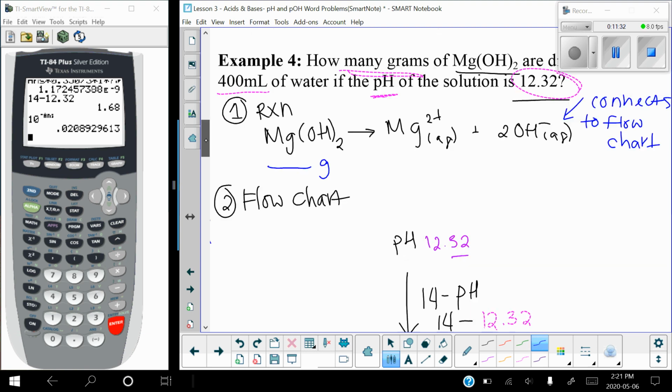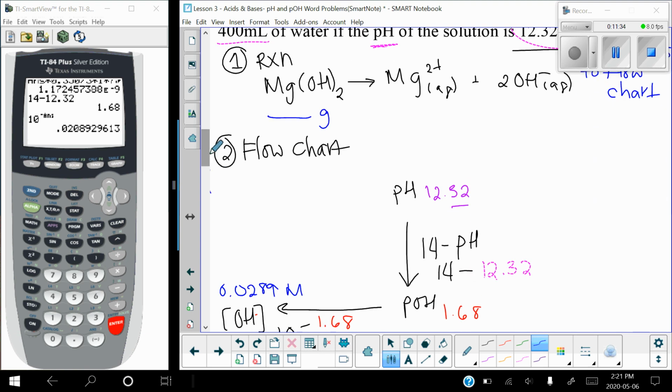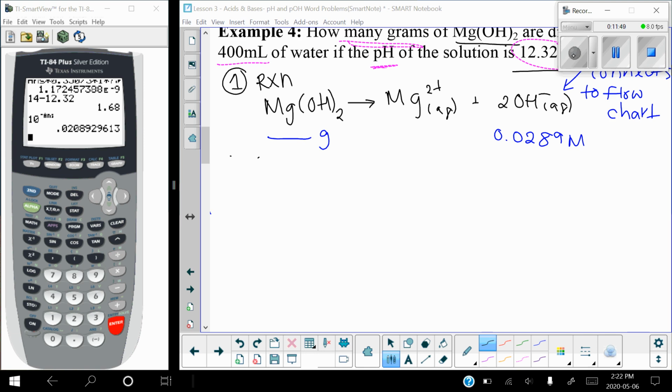Great, now we have something to put in our information here. So we found out that we have a concentration of 0.0289 moles per liter. Fantastic. Okay, then we're going to move into step 3, which is find the mass of our unknown.